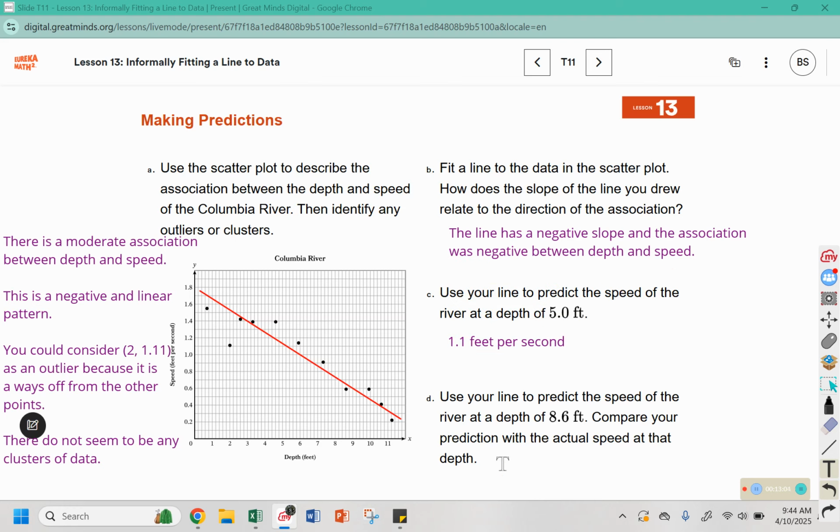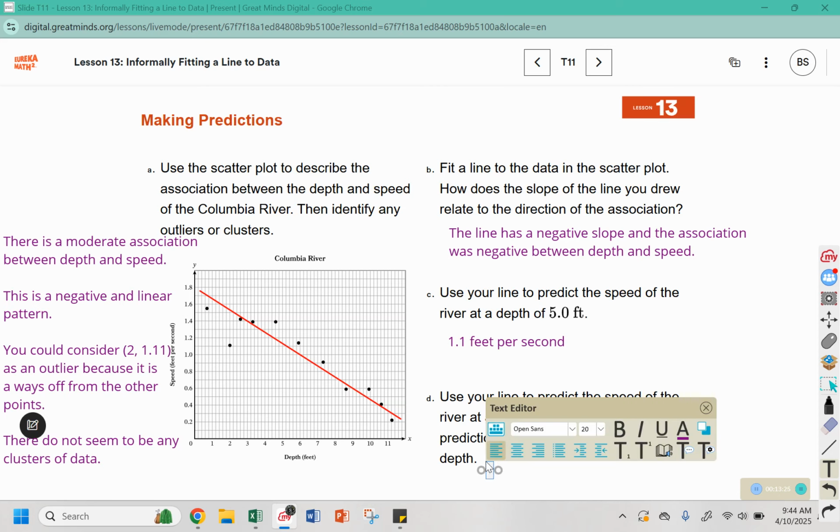Use your line to predict the speed of a river at a depth of 8.6. Compare your prediction with the actual speed at that depth. So 8.6 is around here. And that appears to be around 0.65. Again, this is just an approximation.